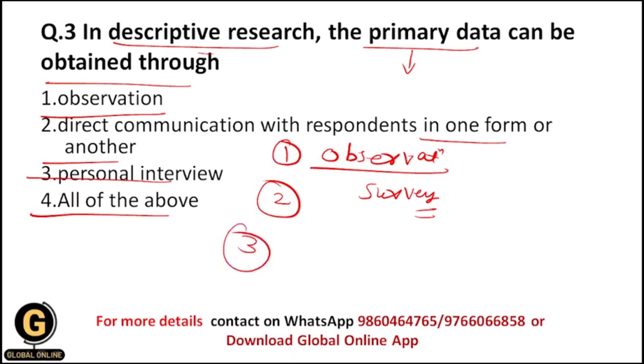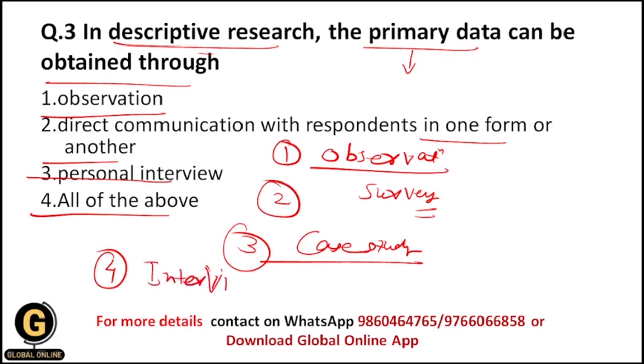The third one is case study. Within the case study design or data collection method, we get detailed, in-depth information from the participants. Now the fourth data collection method is personal interview.